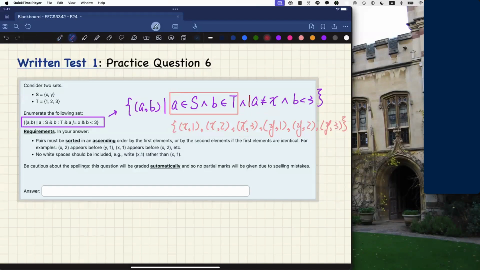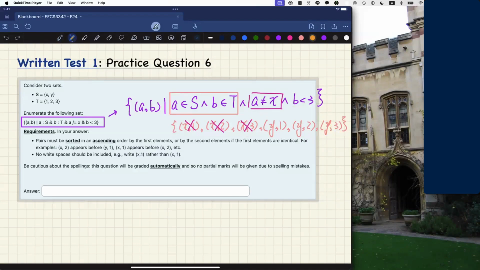So A should not be equal to X, which means we get rid of these. And also B should be strictly less than 3, and of course this one here is not going to pass.